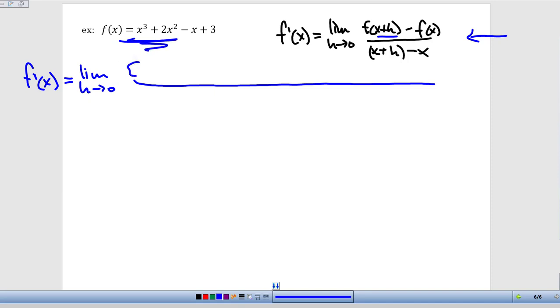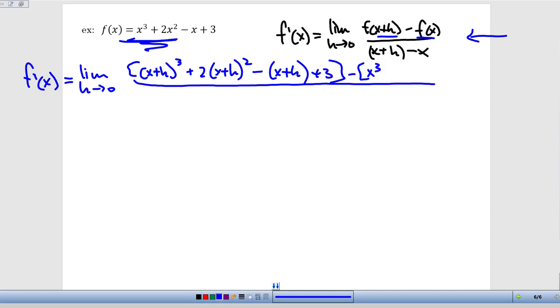So we're going to have (x plus h) cubed plus 2 times (x plus h) squared minus, make sure it's in parentheses, (x plus h) plus 3. And then we still have to subtract our f of x, which is just the original function.